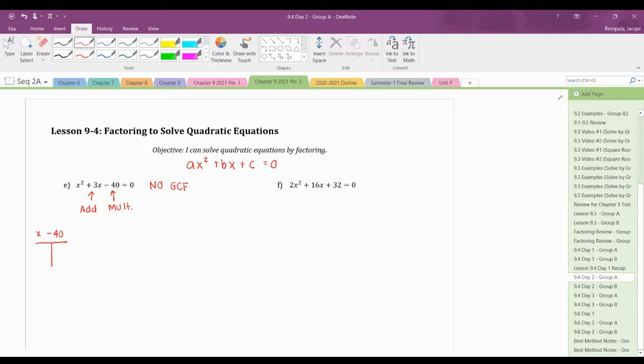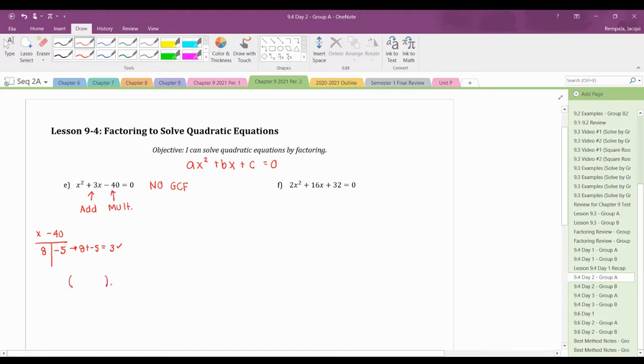So if you're thinking about different factors of 40, you can go through the list, but if I have a positive 8 and a negative 5, that will definitely multiply to negative 40. And if I add those, because the 8 is bigger, we really subtract because they're opposite signs, and I keep the sign of the bigger number. So I do get that positive 3 in the middle. So 8 and negative 5 are my two numbers.